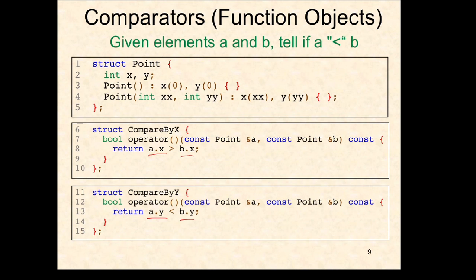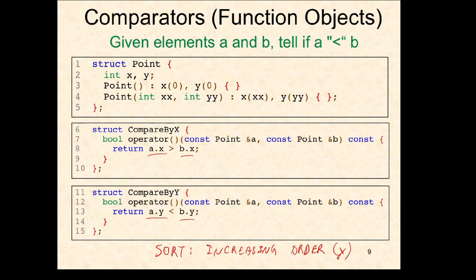Now, our functors here, besides being based on x versus y, also make their decisions differently. So let's look at the compare by y first. If we use this one to sort, what we're going to get is increasing order, of course, based on y, because less than is sort of the standard functor.